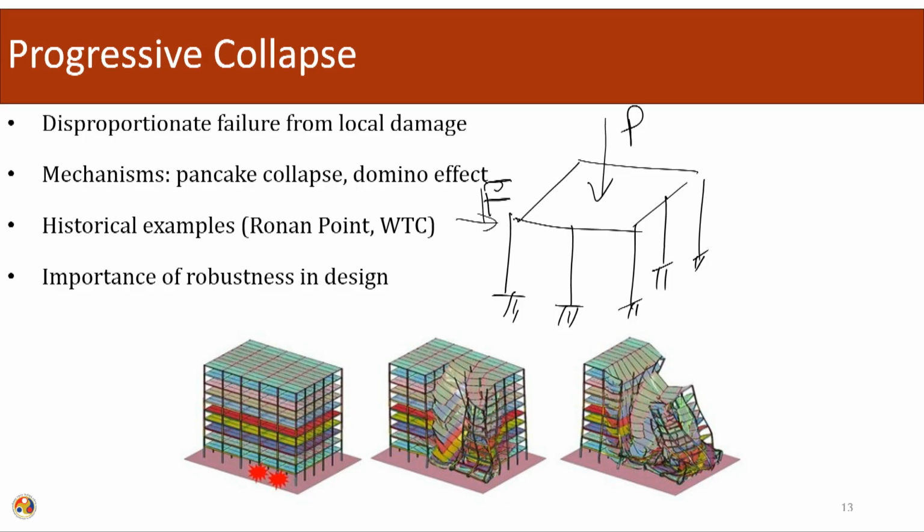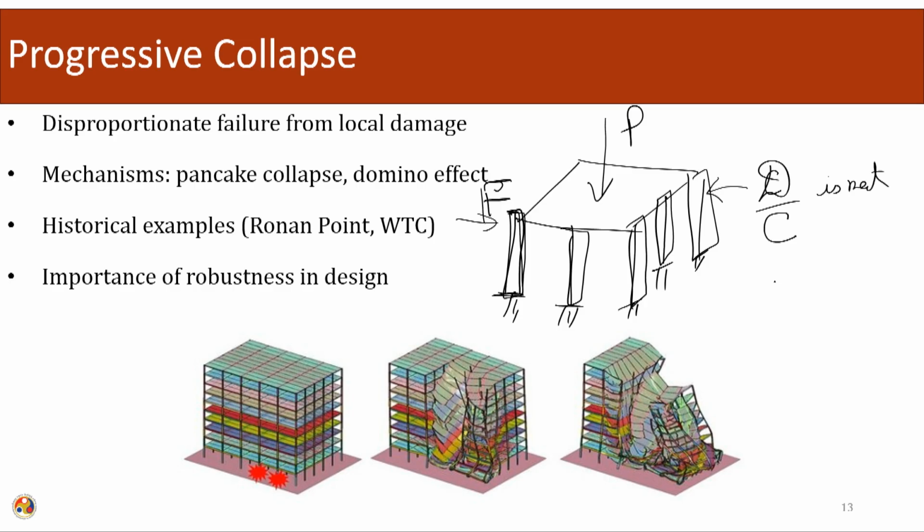After that, we calculate the individual demand on all of the sections, and after that we try to put in members so that the demand to capacity ratio is met.